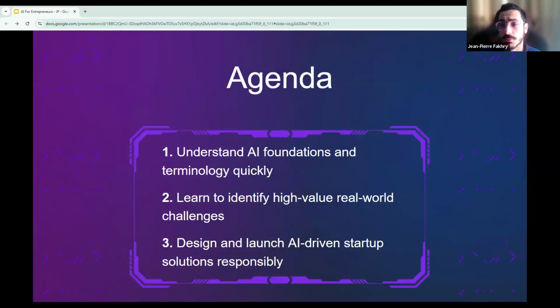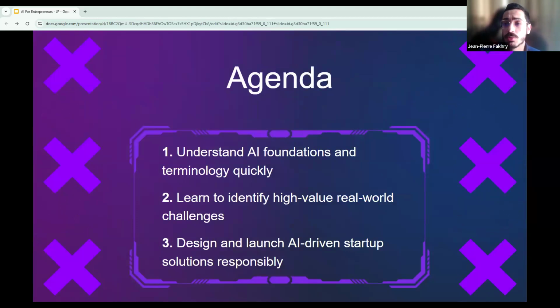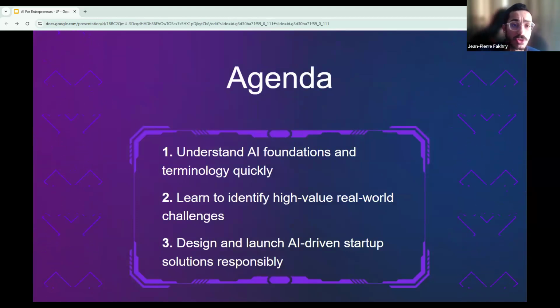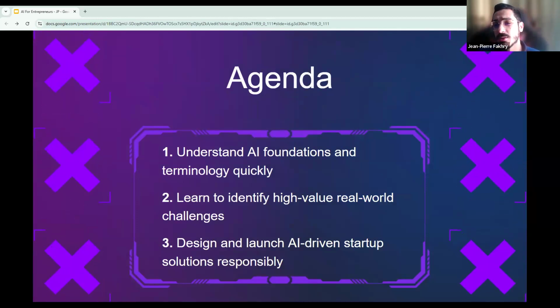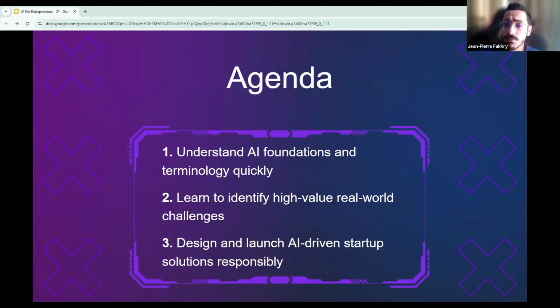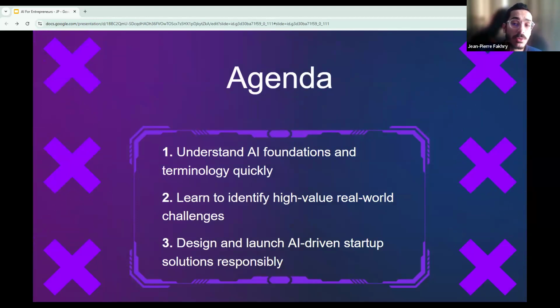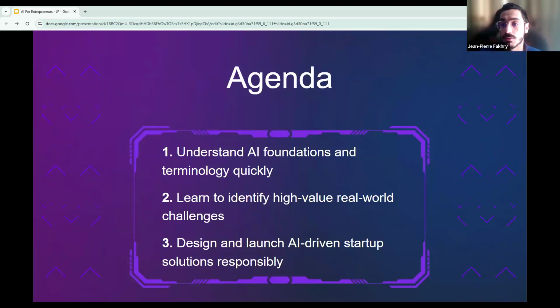For the agenda, think of today as a mini founder journey compressed into one session. We're going to start by building a shared language around AI, because if we use different words, or words differently, we will make very different decisions. Then we're going into what we call the real economy to find high value problems that are worth solving.